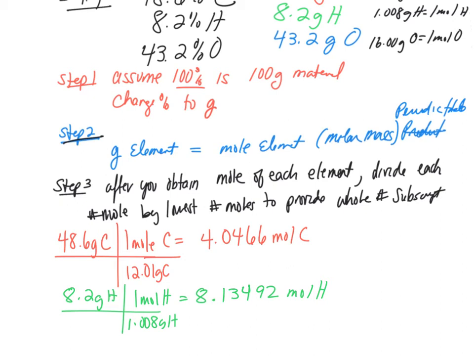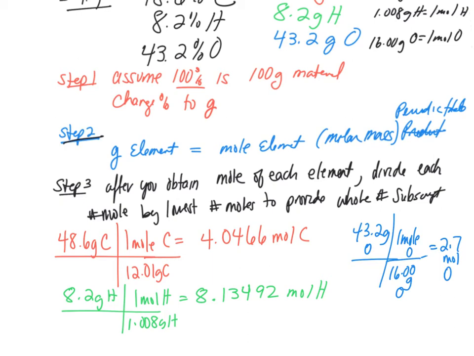And then we have oxygen, 43.2 grams of oxygen. And for 16.0 grams of oxygen, we have 1 mole of oxygen. So 43.2 divided by 16, we get 27. Oh, sorry, 2.7. So we get 2.7 mole of oxygen.